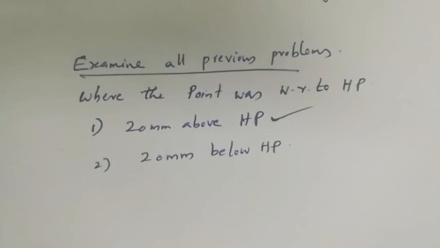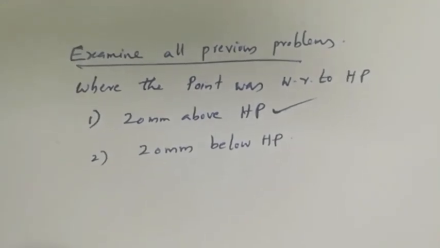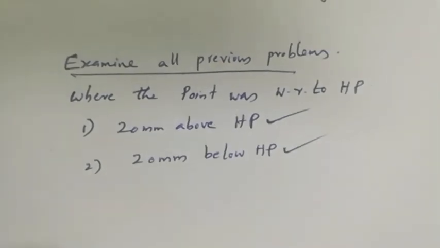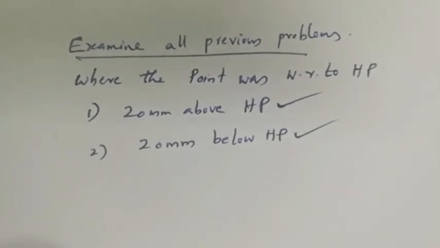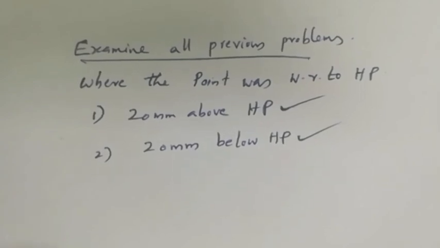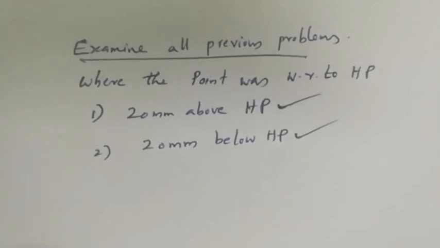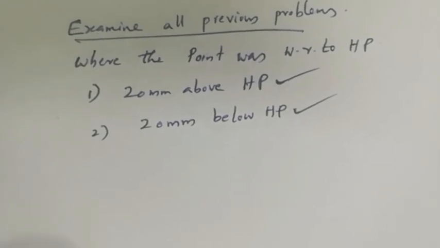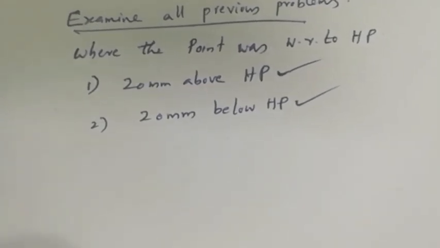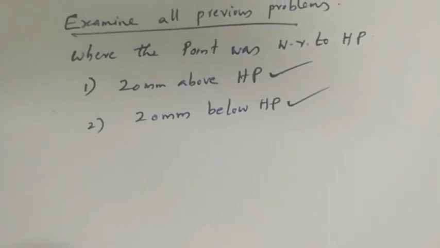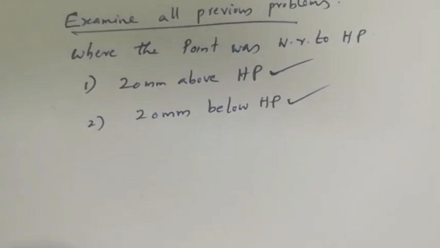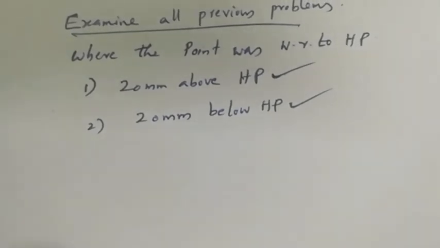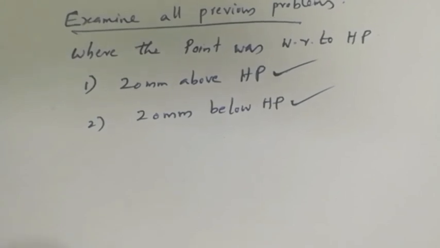Now in the third and fourth problem, the point was 20 mm below HP. Now if we look at the solutions, we clearly see that whenever the point was above HP, its front view was above XY line, and whenever the point was below HP, its projection was below XY line.